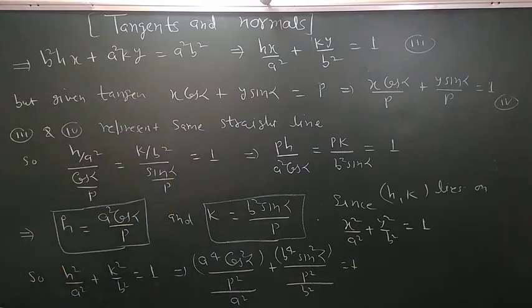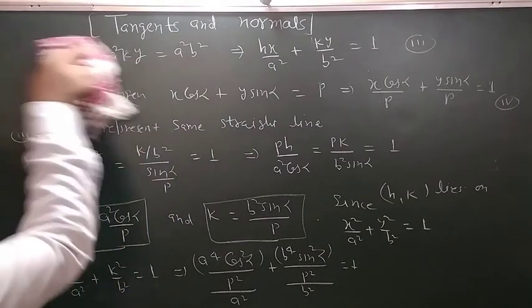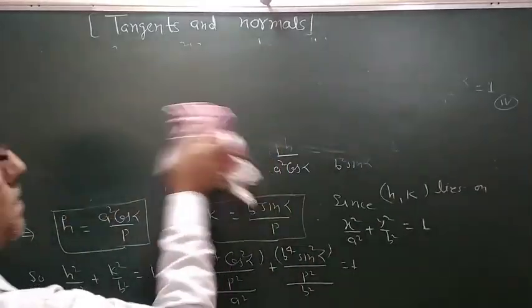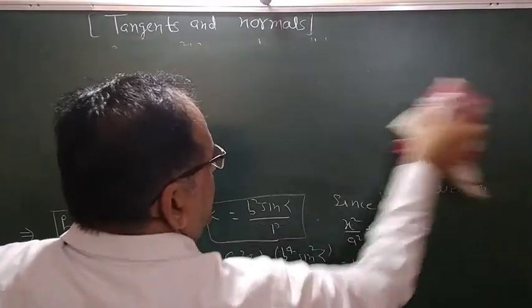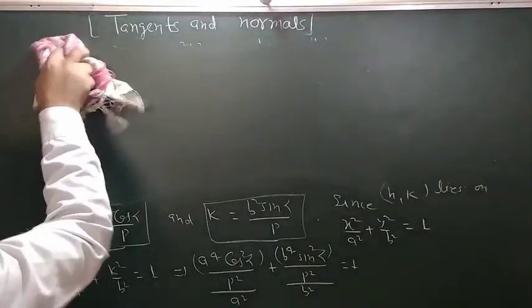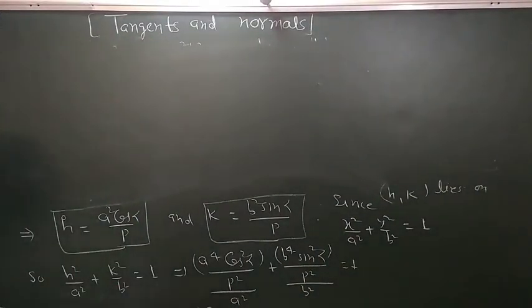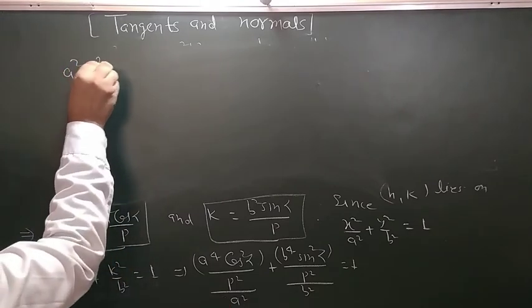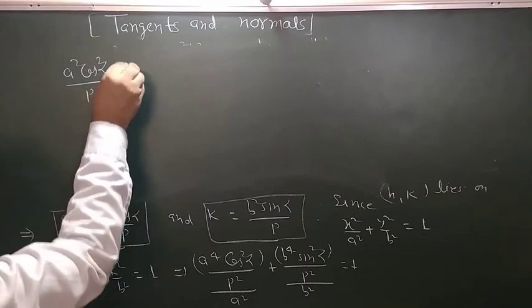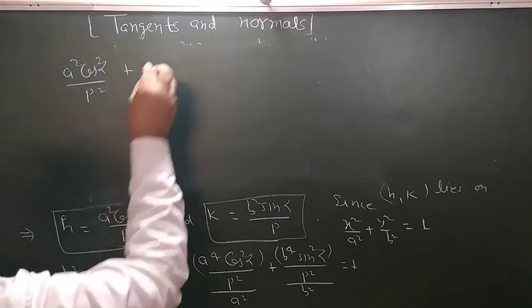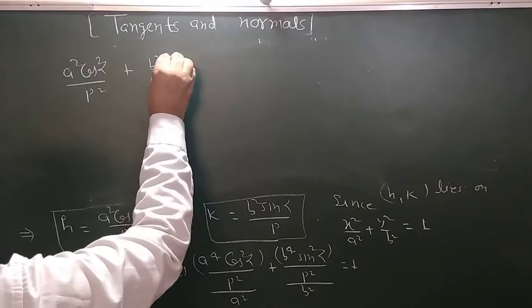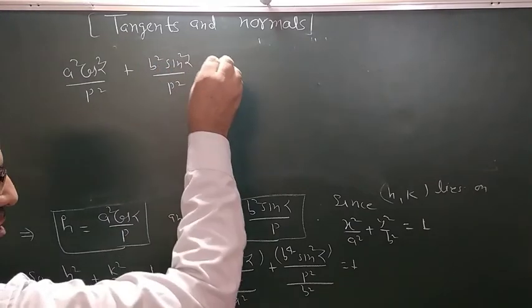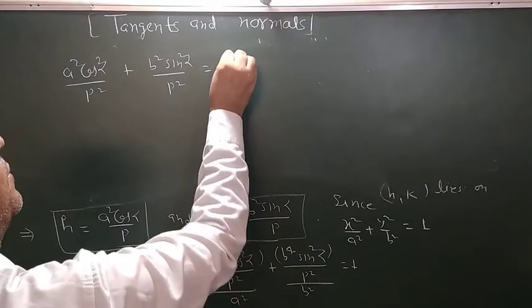After simplifying, we have a square cos square alpha upon p square plus b square sin square alpha upon p square is equal to 1.